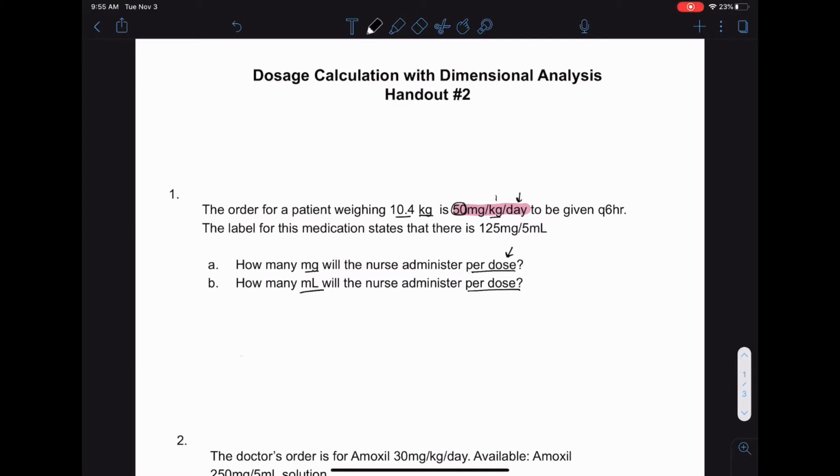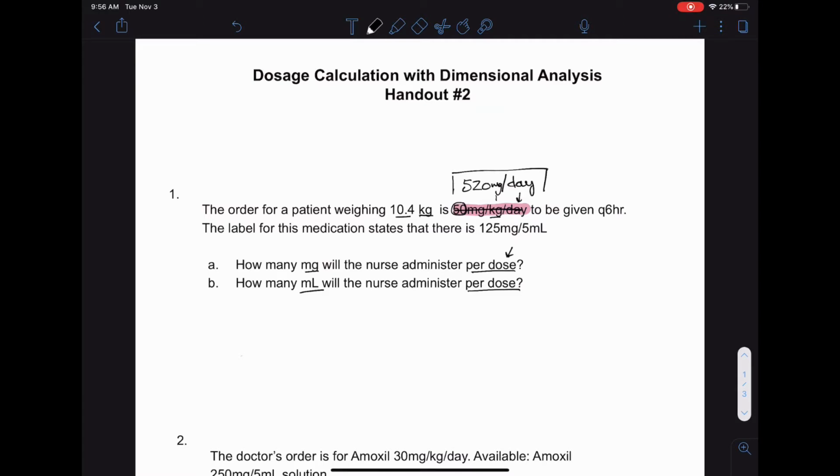So we calculate how many milligrams: 50 times 10.4 equals 520 milligrams per day. Okay, so we can cross that out, and this is our new information for the problem.